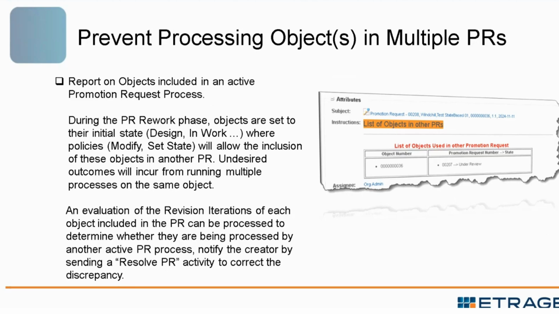And I stress on that, in the rework stage, because if you have set up your life cycles in a proper manner, as long as the workflow is in the approve stage, meaning the objects are under review, there's no need to do any of this, because the promotion request and your policies will identify that the objects are under review, and no initiator, no user will have modify or set state. If you recall, that was one of the restrictions of the promotion request.